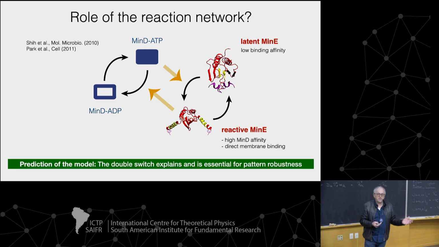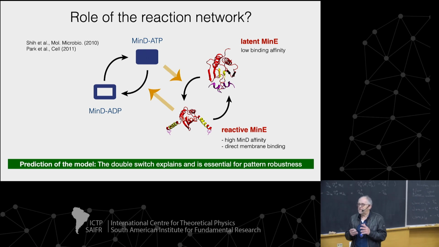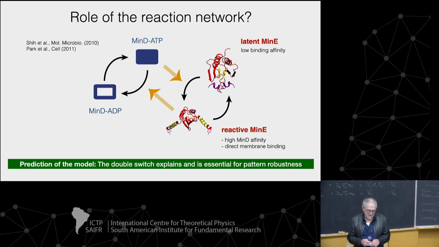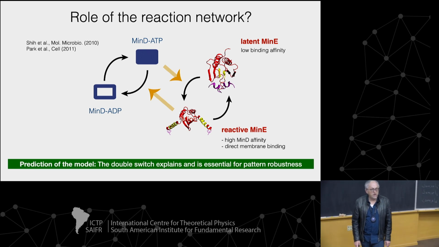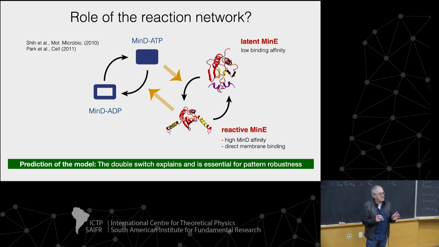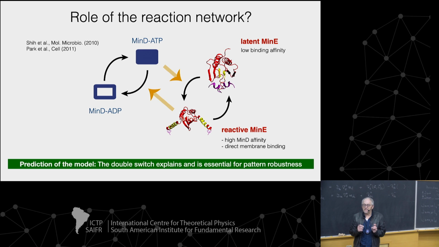If you have different expression levels of MinE and MinD, if the ratio changes, the pattern doesn't care, it's robust against those changes. So it's not just a nuance, right? It's not just a minor addition to the model. It's a module that explains a feature, namely robustness, which is not there in the original model.